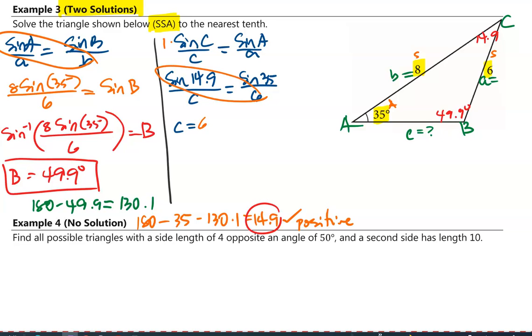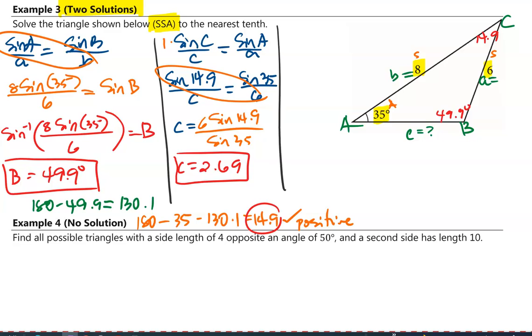That is 6 sine 14.9 over sine 35, and we'll get C is equal to 2.69. Okay, that's the first one.